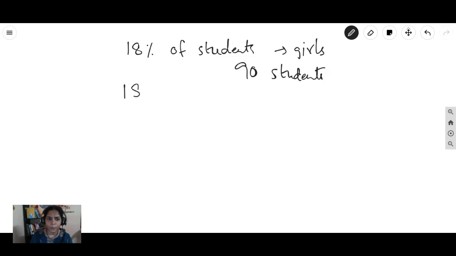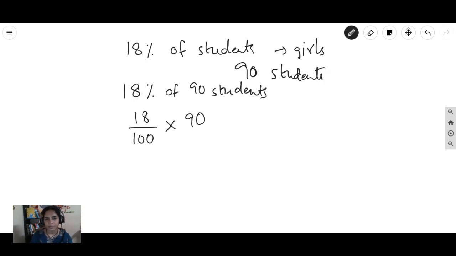Now I'm going to convert this language sentence into a mathematical equation. Remember that. So 18% of 90 students, right? 18% of means 18% into 90 students.